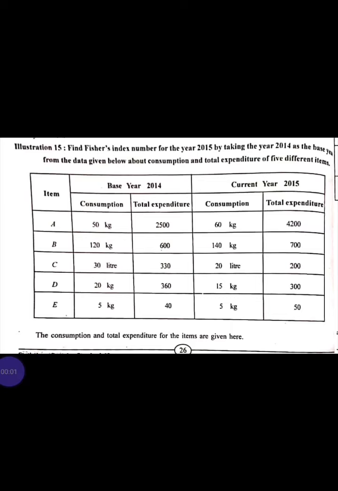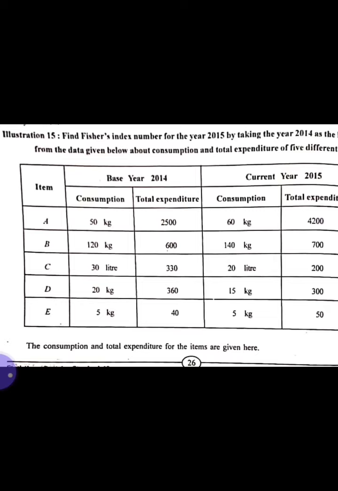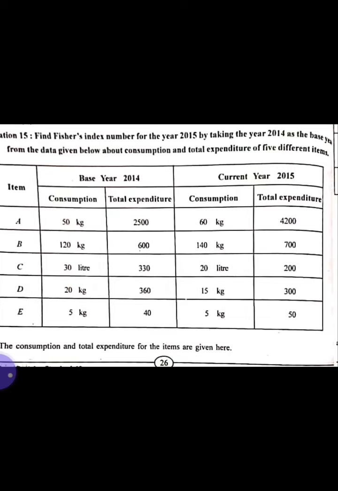Okay, children, today we are going to start from our question number 15. Over here, what is the question given to us? The question tells us to find the Fisher's index number for the year 2015 by taking the year 2014 as the base year from the data given below about the consumption and the total expenditure of the 5 different items.